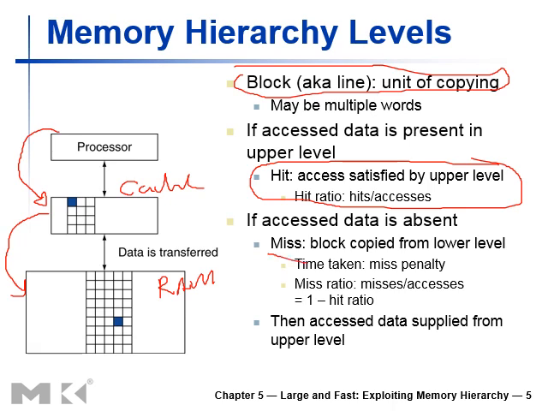Then we copy the block from the lower level, and the time taken to copy the block from the lower level to the upper level is the miss penalty. The miss ratio is 1 minus the hit ratio. Okay, so this is the way the processor accesses a block, either in the cache memory or the RAM.